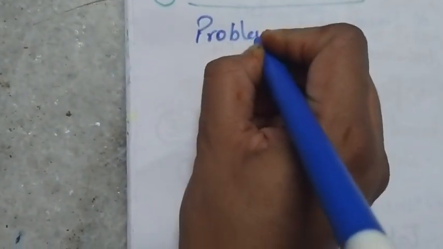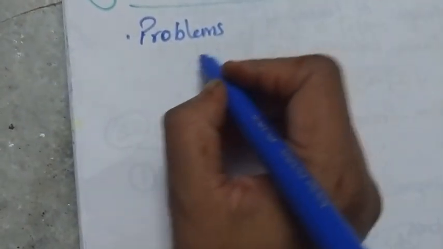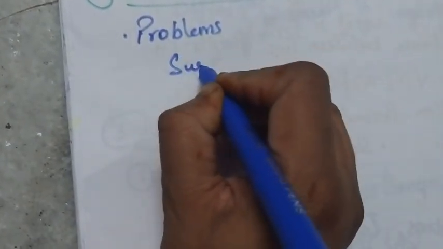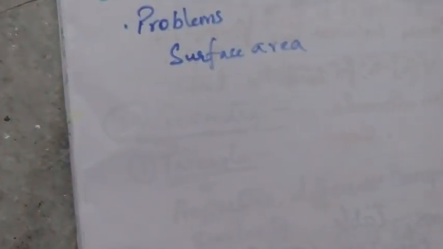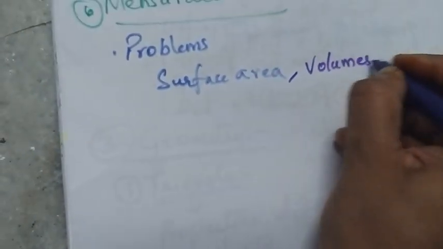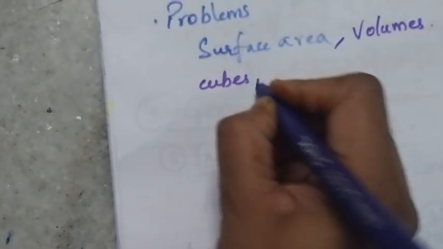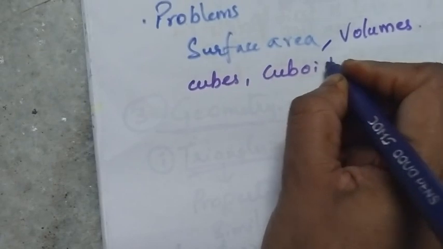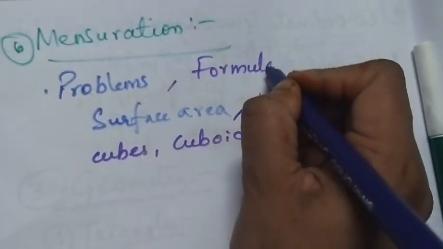In this chapter, first we have to concentrate on problems to find surface area problems and volumes, and combinations of cubes, cuboids. Problems and formulas we have to remember in this topic.